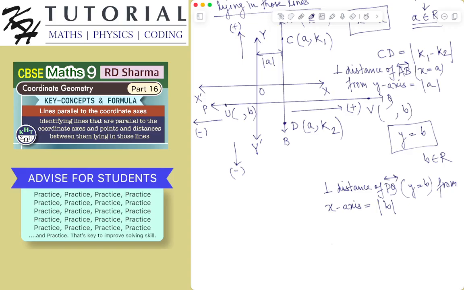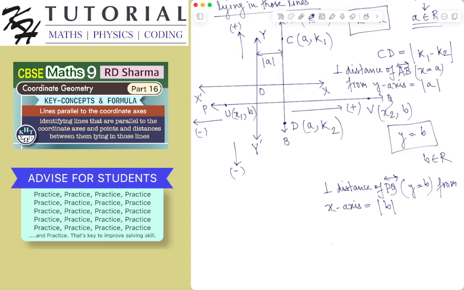And the abscissa of all points lying on the line PQ could be any real number. So let's say the abscissa of the point U is x1 and the abscissa of the point V is x2. Okay.